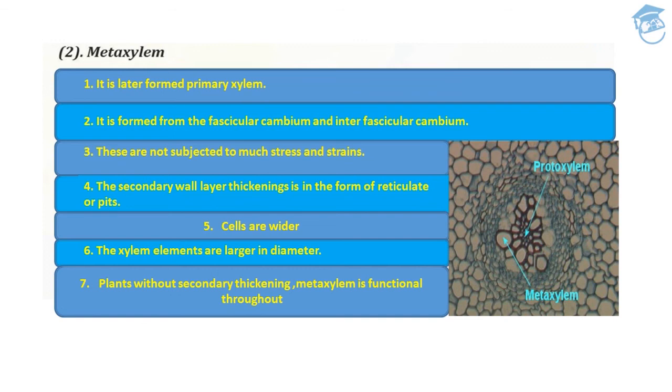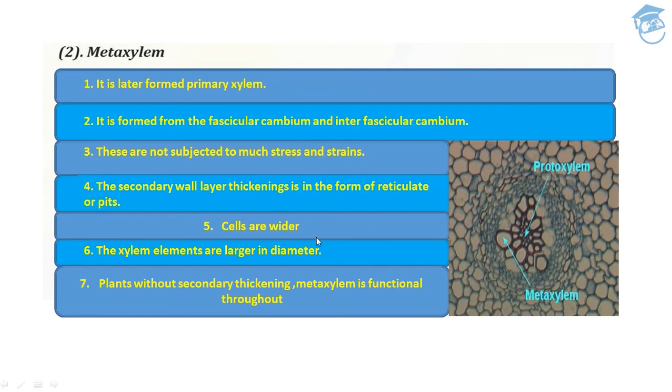Metaxylem is not subject to much stress and strain, thus it gets retained, whereas protoxylem, when subjected to much stress and strain due to organ development in the plant body, gets destroyed. Unlike protoxylem, metaxylem is retained even after stress and strain. The secondary cell wall thickening is in the form of reticulate or pitted.